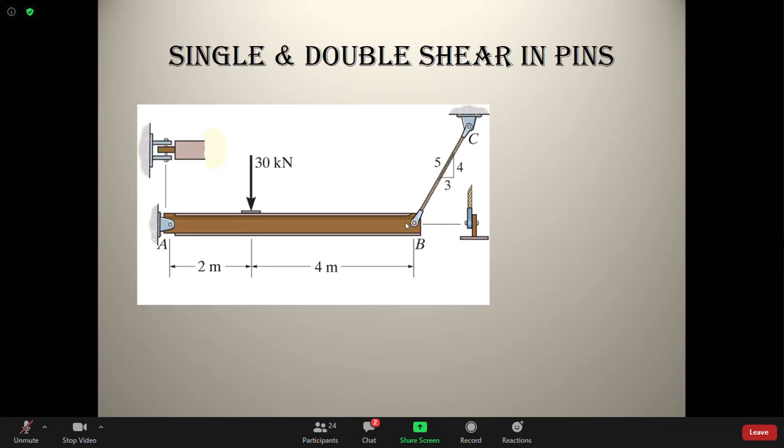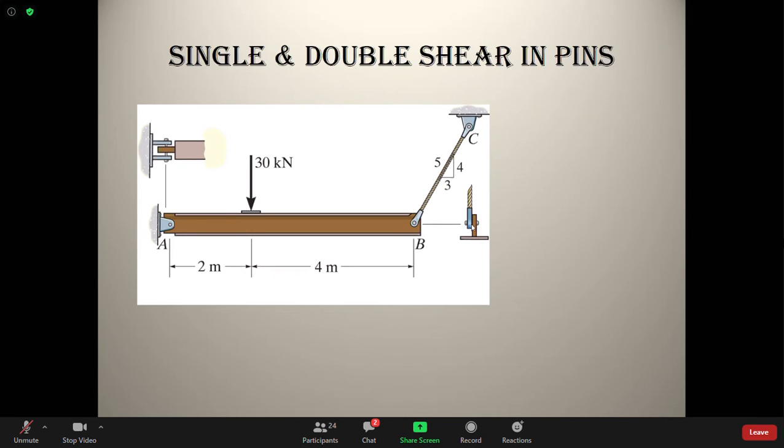Look at pin B first, for example. Pin B is something like this. And if you apply a load here, this end will have a tendency to go down, but the cable will be holding it. So the cable is pulling it that way and the load is pulling it downwards.